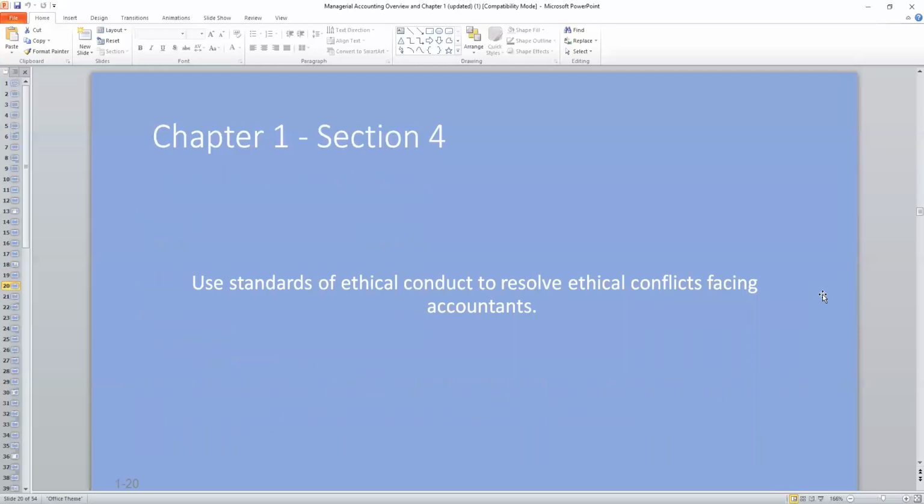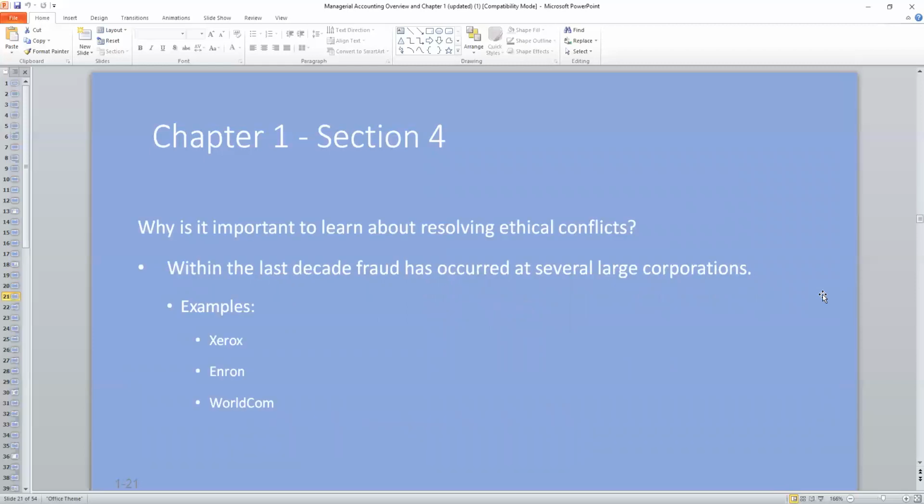So the other thing that is discussed in chapter 1 is the ethical conduct and how to resolve an ethical conflict. So when we think about ethics, ethics is a very important issue in every profession. And if you think about it in a healthcare profession, the question is, legally, I may be required to perform basic services to help somebody resolve a serious health issue.